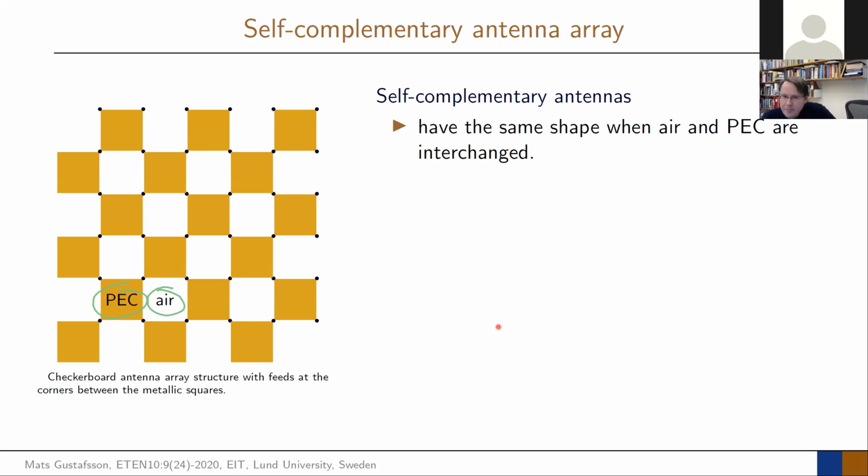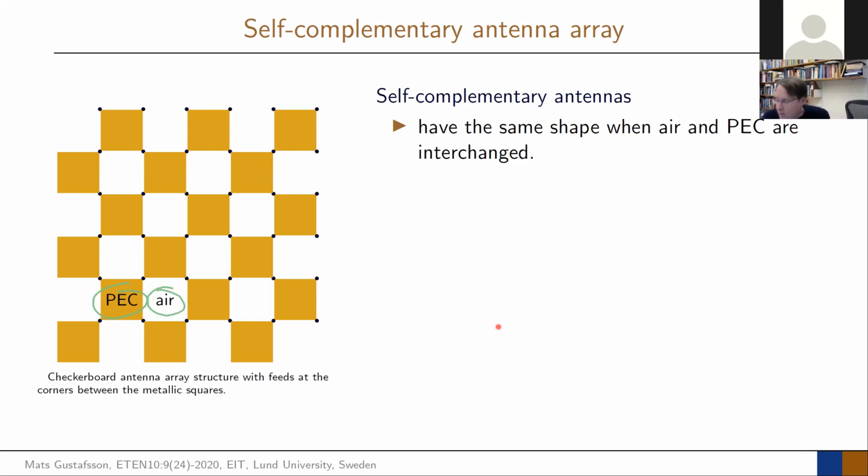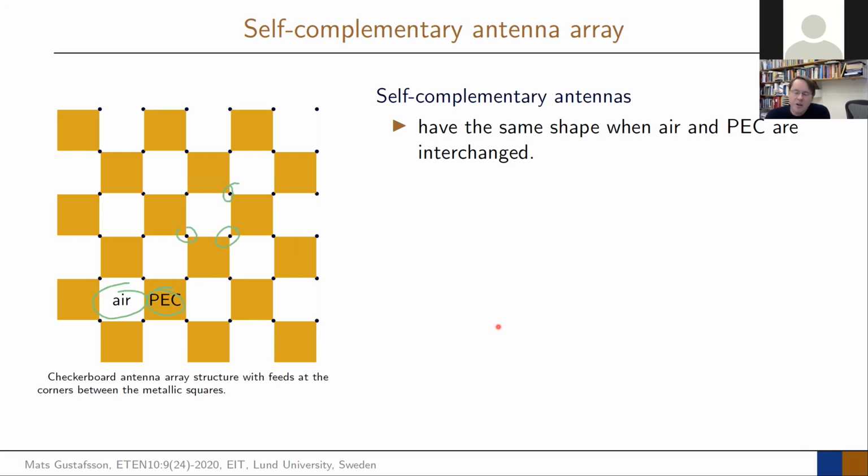And that is a structure here where I can just change this. I get the same. And now assume here that I feed it in the center. So these black dots here are the feed points. This is a self-complementary structure which actually has incredible properties. A way to analyze these ones is that you break it down to unit cells. So if I take this and I study these antenna elements and I do it only over this piece here, then I use periodicity and I say that the next one here actually looks exactly the same.